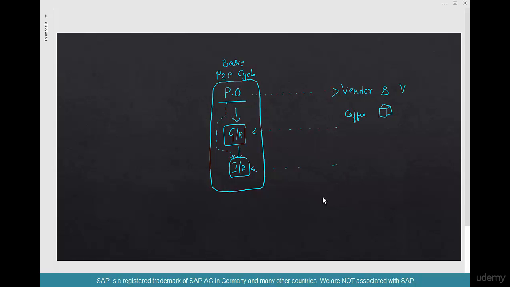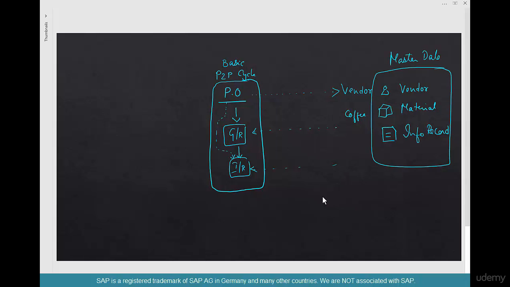So vendor, material, and the other one is info record, which is going to contain the combination of vendor and material, which basically says this vendor is ready to supply this material at this price under these terms. So this is the basic master data that we have used so far.